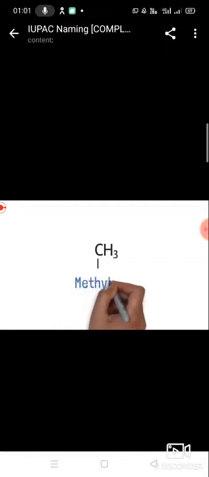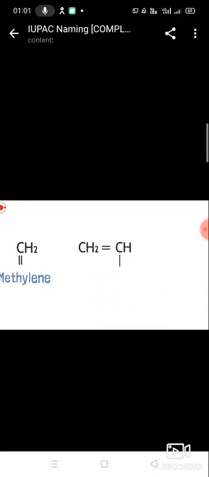Next, methyl group, ethyl group, propyl group. If a double bond is attached directly to the carbon, we say this methyl group is present in the double bond with this chain. Then we'll say methylene. So if it is a double bond, methylene. One carbon means methylene, 2 means ethylene.